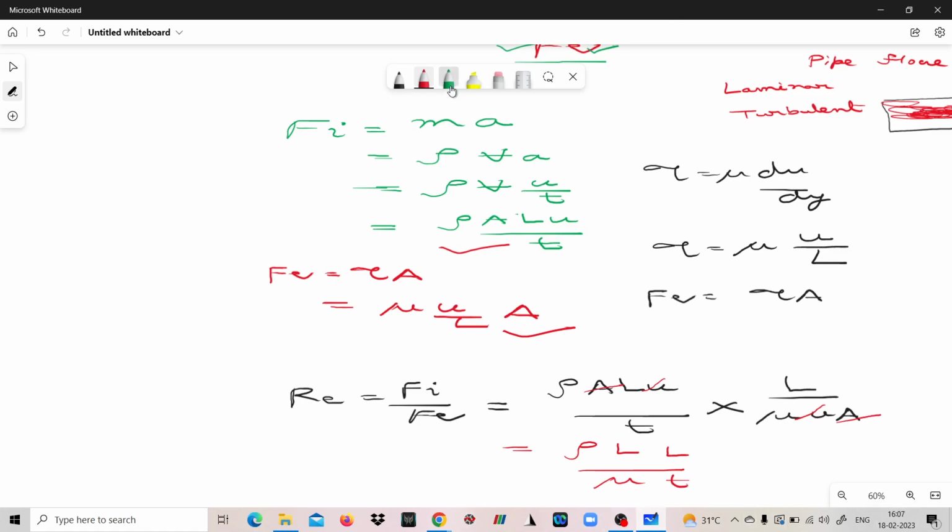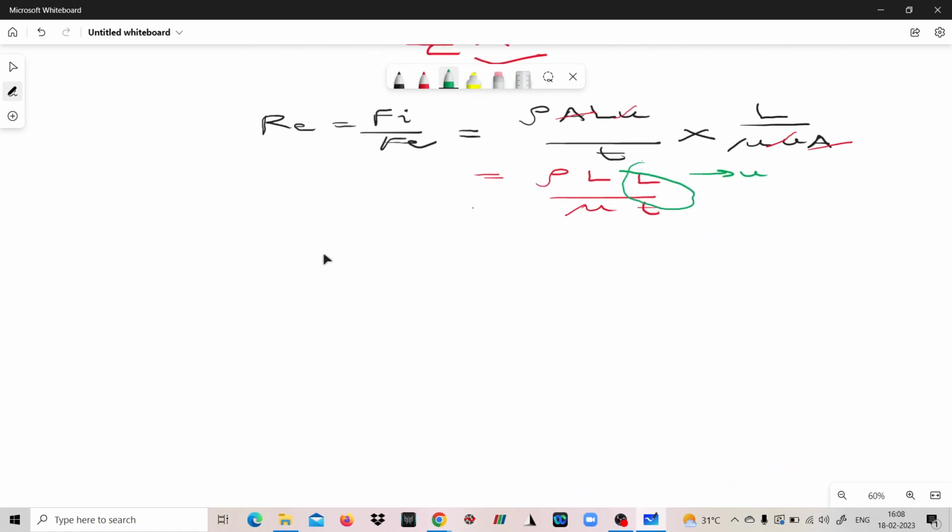Now, if we look carefully, this L by t is nothing but some velocity. So we can finally write that Reynolds number is equal to rho U L by mu.